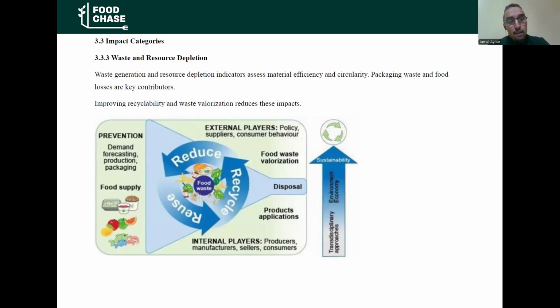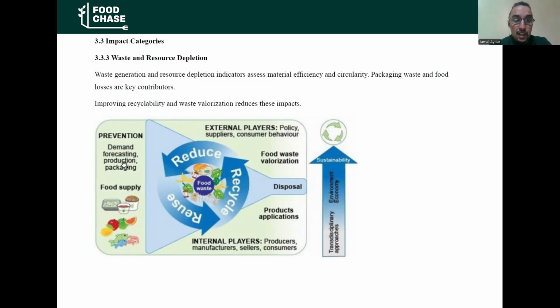The third impact category is waste and resource depletion. Waste, in general, depends on the activity of the industry, relative to food, fruit, or vegetables, or different compounds as presented in this picture, for example.